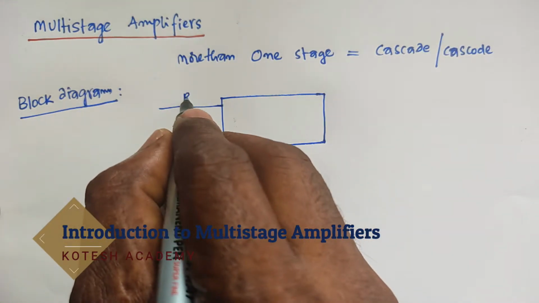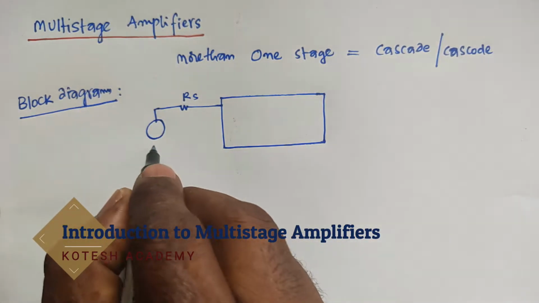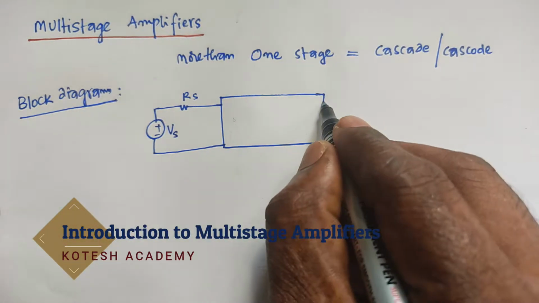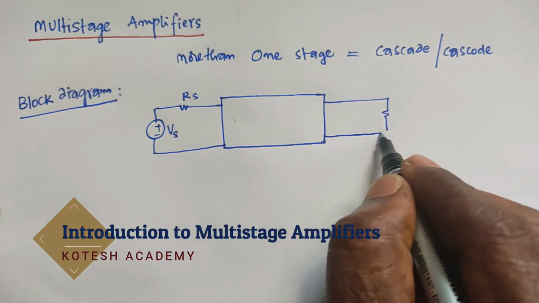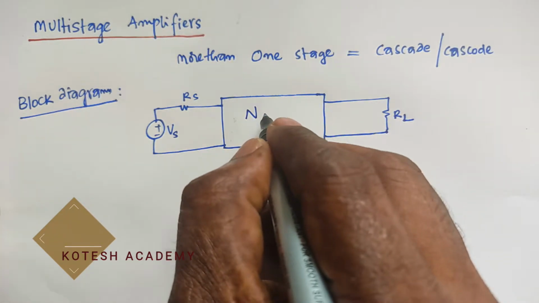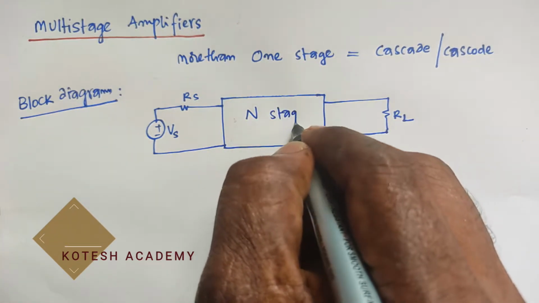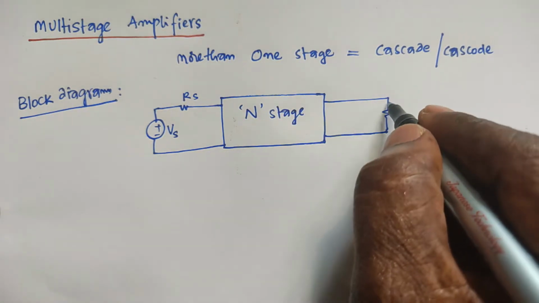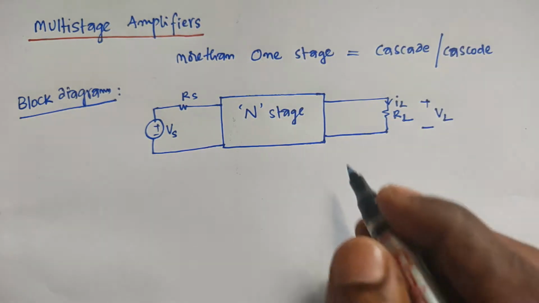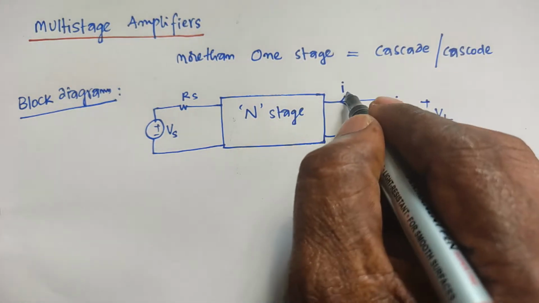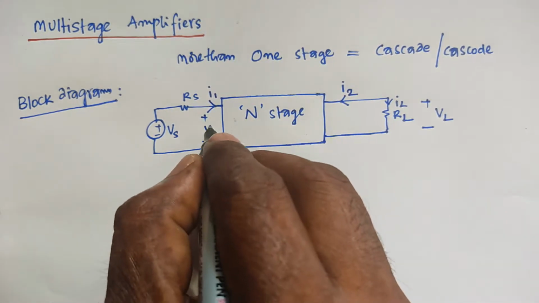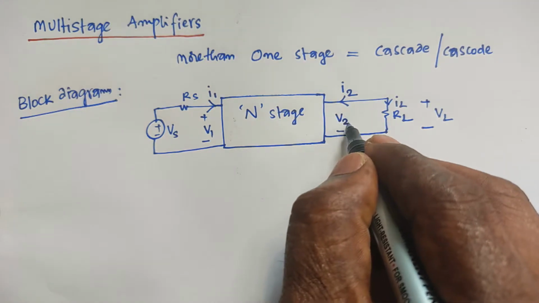At the end, we have to use the source resistor and source voltage, either AC or DC, and one load resistor RL. So now we are using n stages. In this branch, the current is IL, and the output voltage across it is VL. Here some current is passing. That is port 2, and this one is port 1. Port 1 voltage is V1, port 2 voltage is V2.